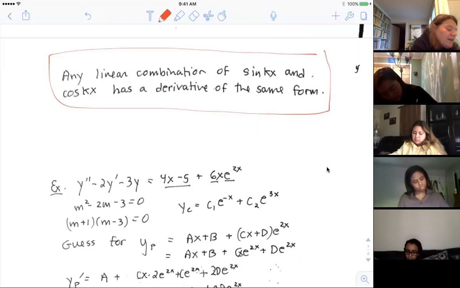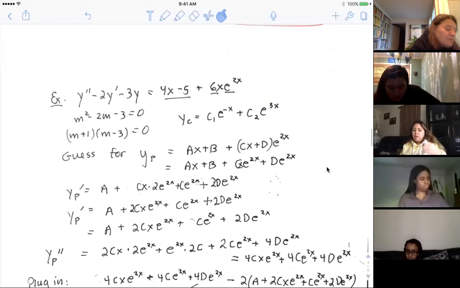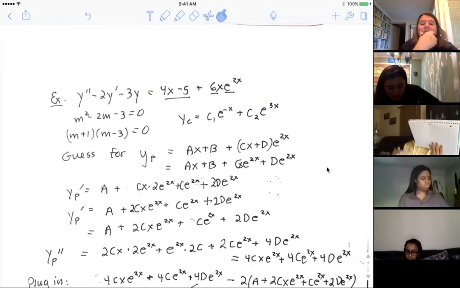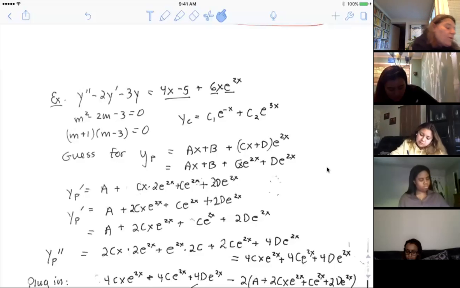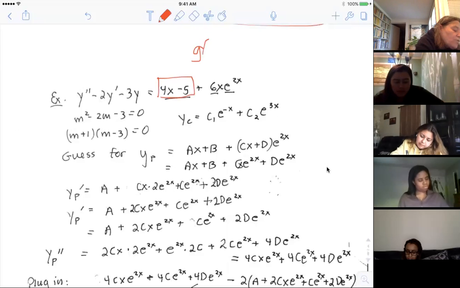More to the point right now, let me do one that's a linear combination of some easier functions, maybe not sines and cosines. Sines and cosines are fine, but they're maybe a little harder to differentiate. Although I will say in this one, it can get messy when you have this form. Now, what do I mean by this form? First of all, this whole thing right here is my g of x.